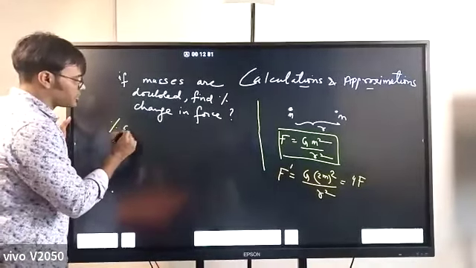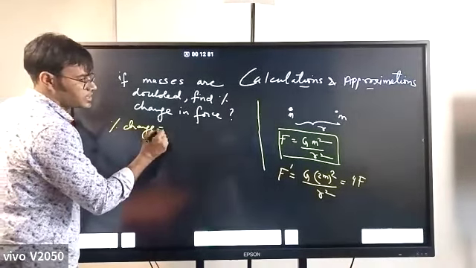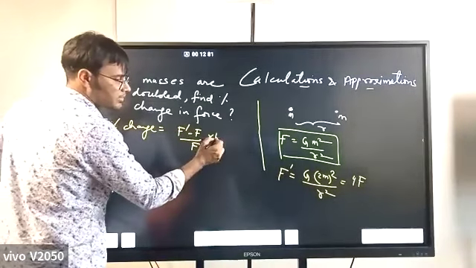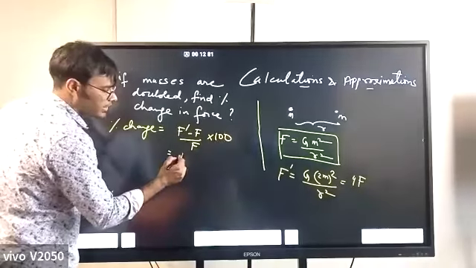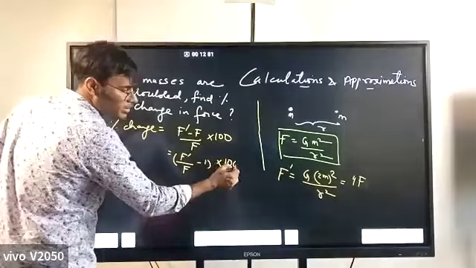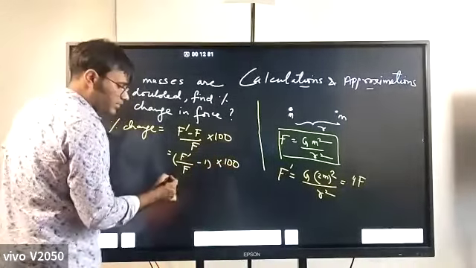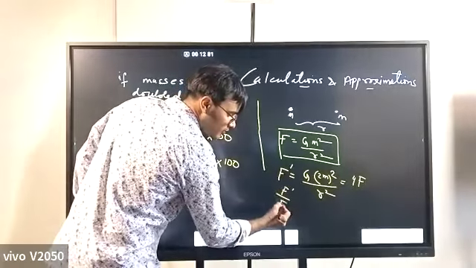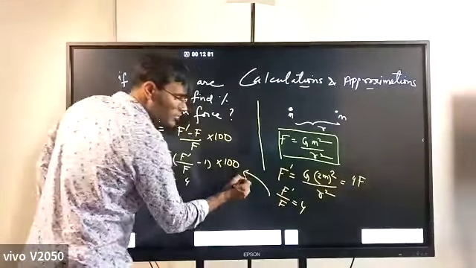So percentage change will be change divided by original into 100. So I can write it like this: f dash by f minus 1 into 100. What is f dash by f? F dash by f is 4. I'm just putting f dash by f as 4 in this equation.